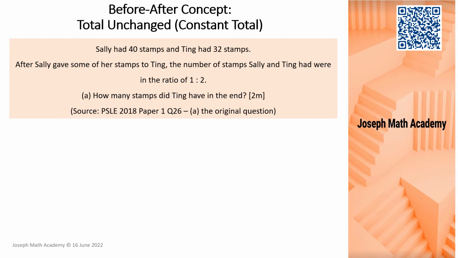Taking a look at the question, Sally had 40 stamps and Ting had 32 stamps. It is always very good to highlight the important information. So, Sally had 40 stamps, Ting had 32.